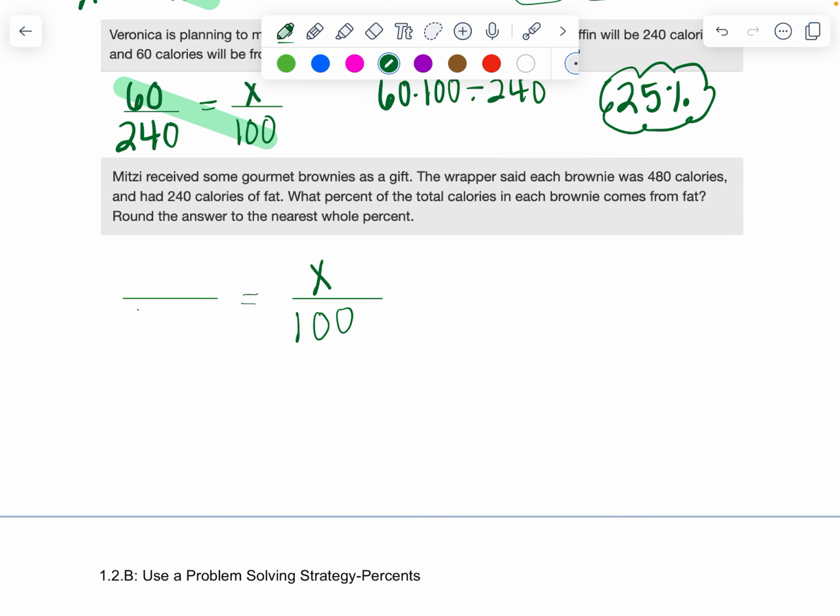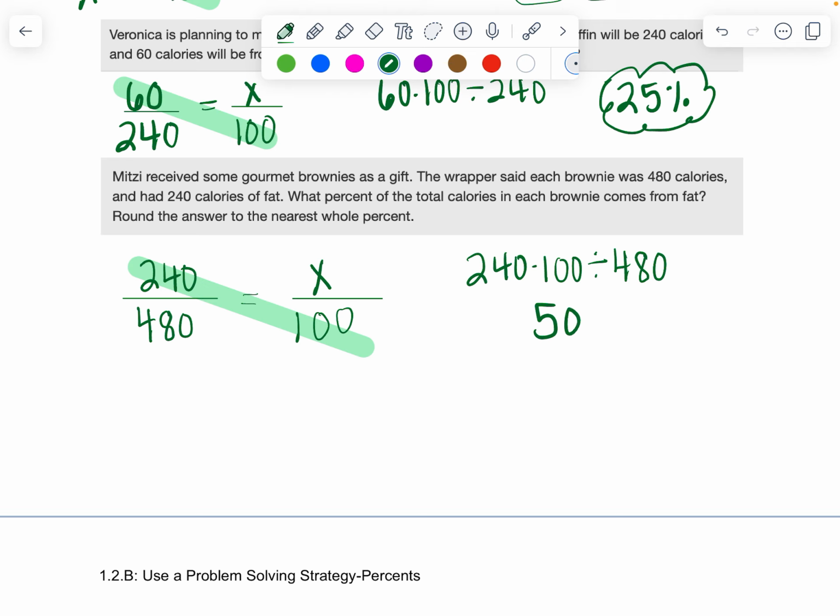It says the total amount of calories is 480. The portion from fat is 240. So multiplying across the numbers that I know, we have 240 times 100 divided by 480. And if we put that in our calculator, we would get 50% of the calories are coming from fat.